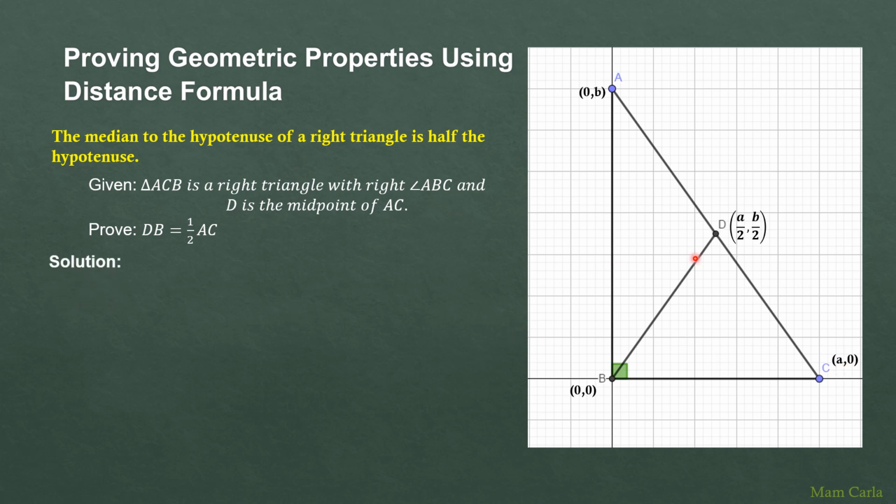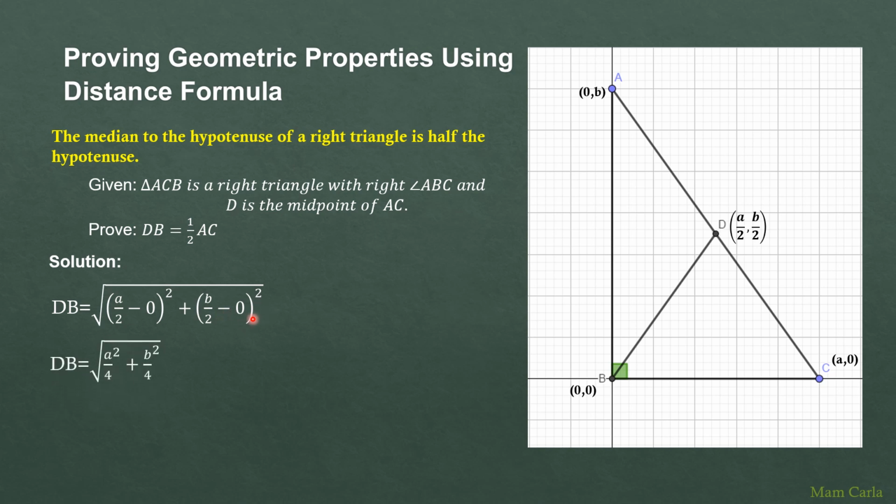For the solution, let us find first the distance between B and D, or DB. The distance of DB can be found using the distance formula. So DB is equal to the square root of the quantity a over 2 minus 0 squared plus the quantity b over 2 minus 0 squared.